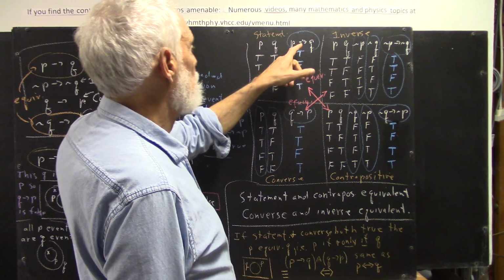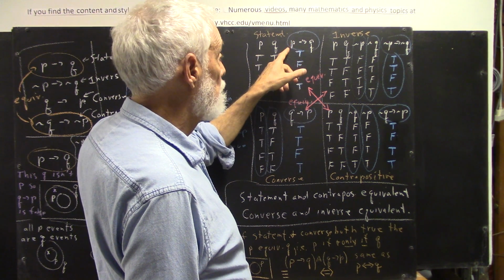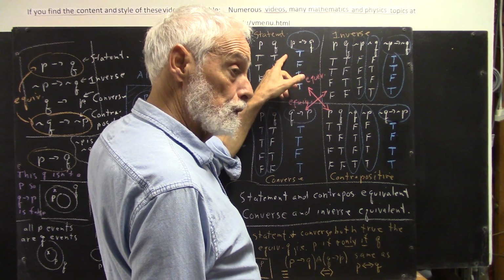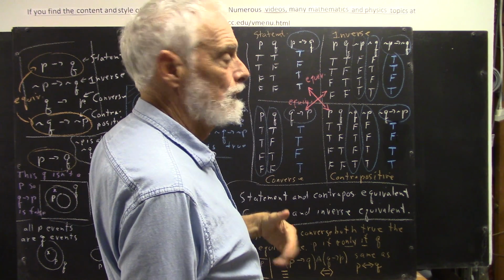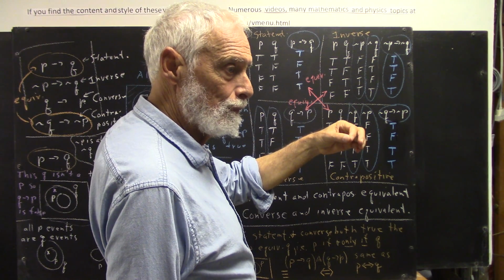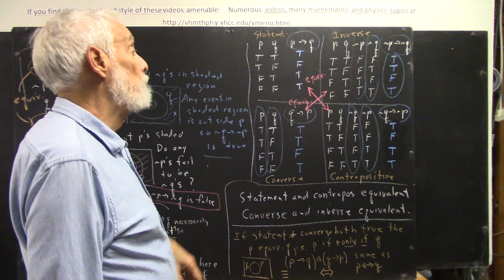Okay. Now remember that a conditional is true unless P is true and Q is false. You can't get a false from a true. If the statement if P then Q is true, and if Q is false, then P can't be true.